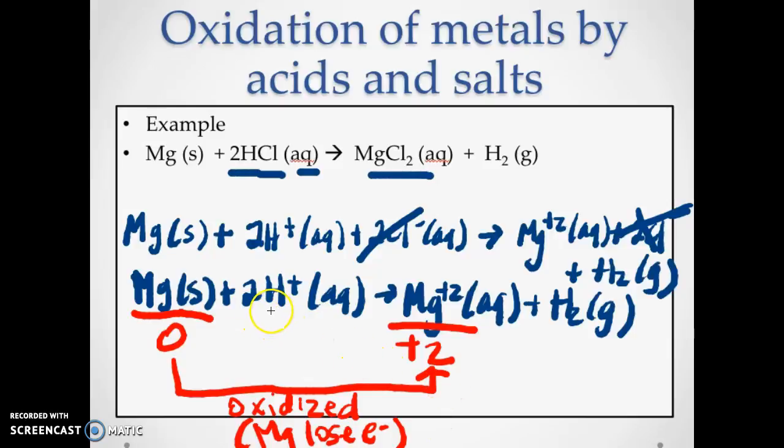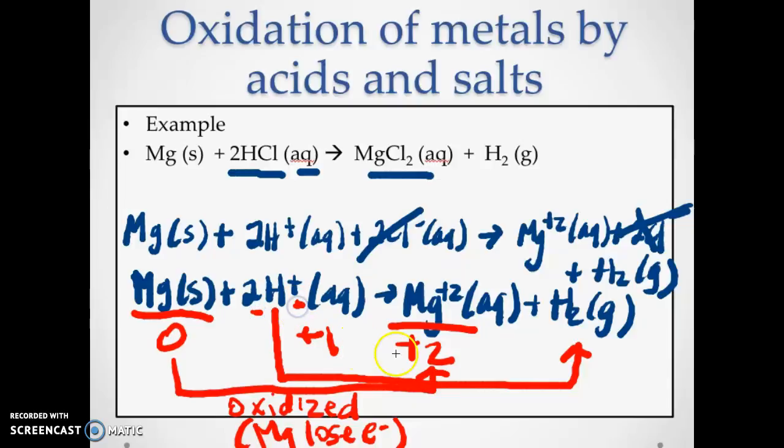And the other one has to be reduced. And let's see if it is. It goes from plus 1 oxidation state. Don't look at the moles. Just look at the charge, plus 1. Each H plus has a plus 1 oxidation state. And this one's 0 because it's in its elemental form. So 1 and 0. That means that H is reduced, okay?